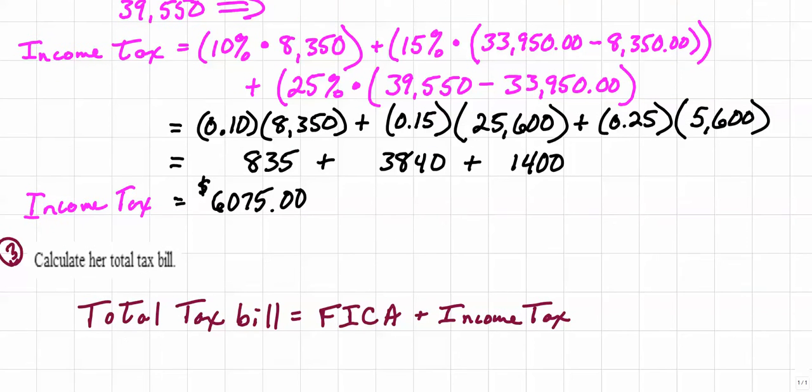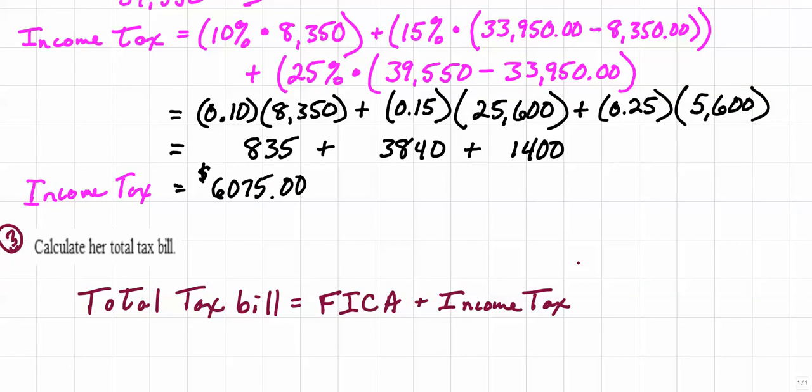And then we need to go ahead and make sure we remember what both of those are. The income tax we've just calculated, that's 6,075, and we are adding that to the FICA tax, and we calculated the FICA tax earlier and we got 3,741. So the total tax bill will be the sum of these two numbers, and that will be equal to $9,816.